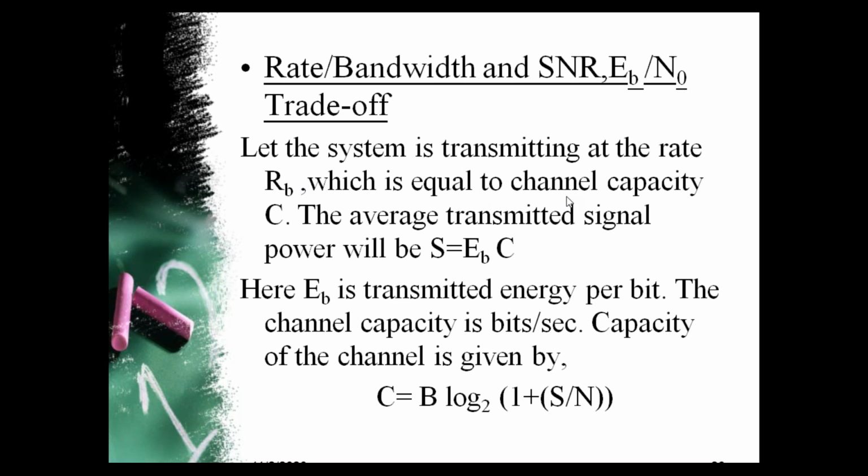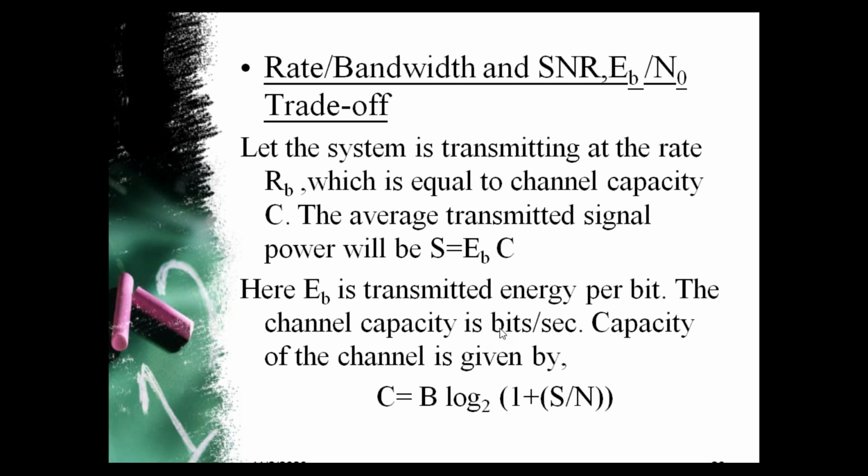Then the average transmitted signal power will be, where S represents the average signal power transmitted, equal to Eb into C. Here Eb is the transmitted energy per bit, and C represents the channel capacity, since the system is transmitting at the rate of channel capacity, that is, Rb is the same as C. Therefore, if Eb is the transmitted energy per bit, then Eb into C gives the signal power.